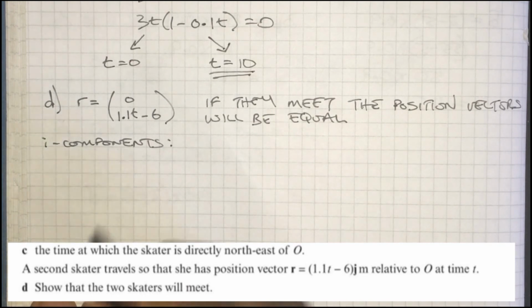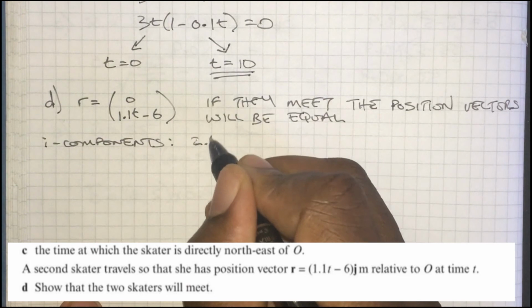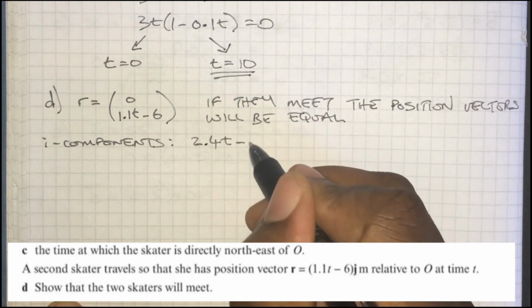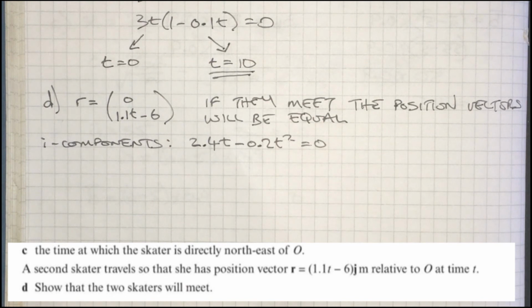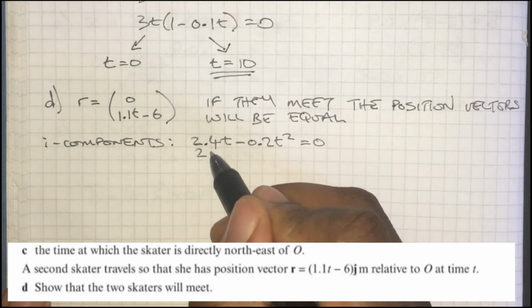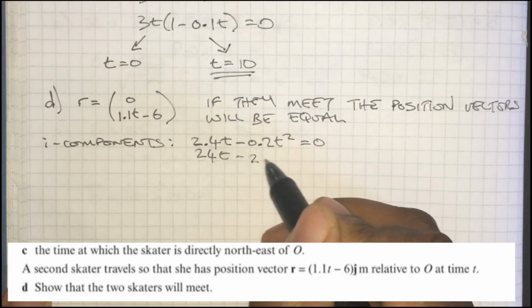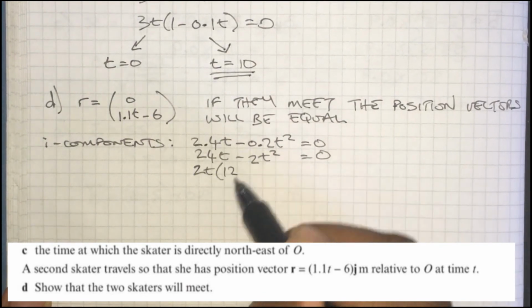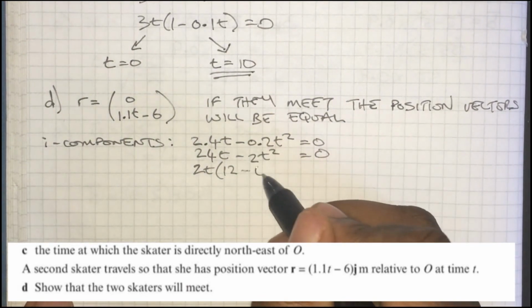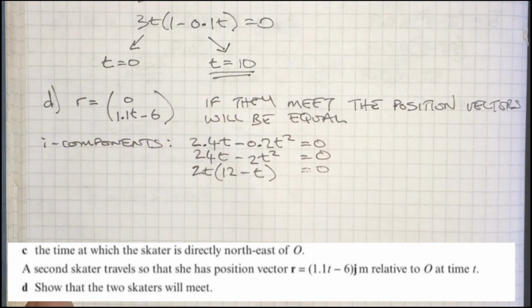All right, since this second skater has an easy i component, let's put the i components equal to each other. So horizontally, when are they in the same place? And if we solve for t, well, actually, I'm going to tidy this up a bit first. I can multiply through by 10 just to get rid of some of these decimals so I can keep on working by hand. So factorize out the 2t, left with 12 minus t.